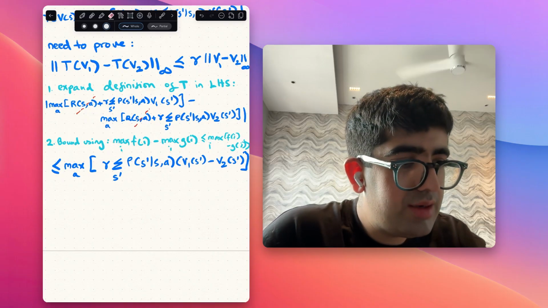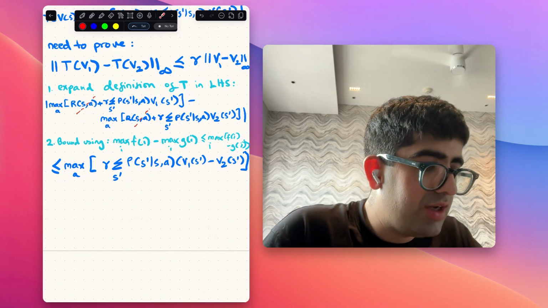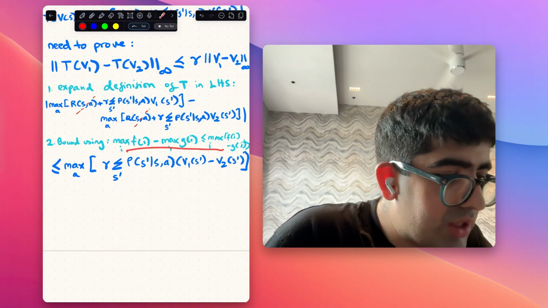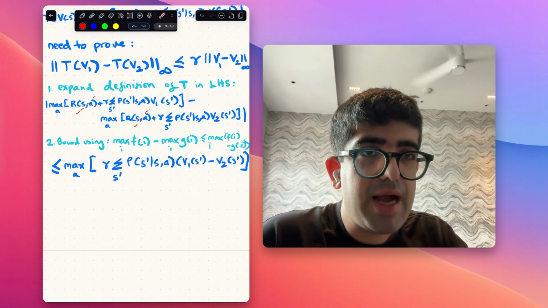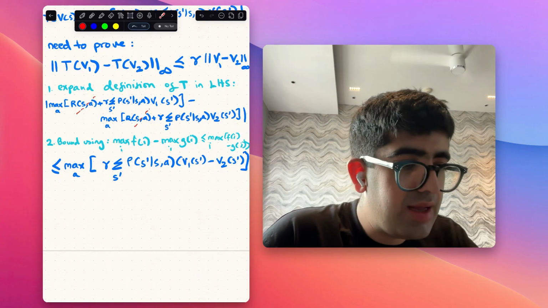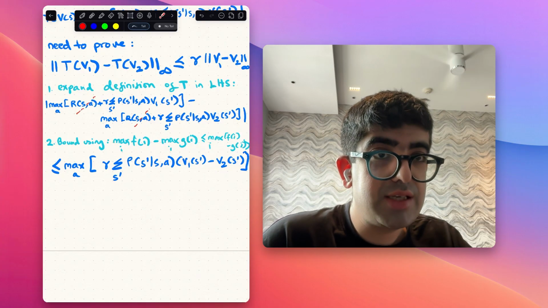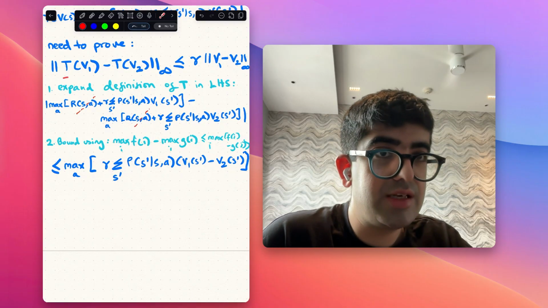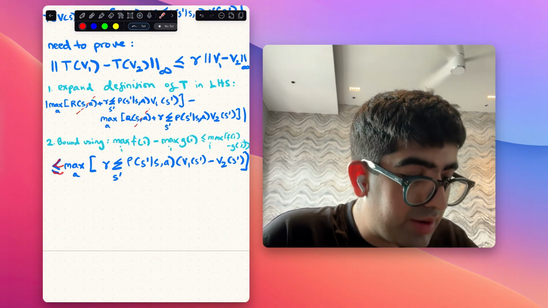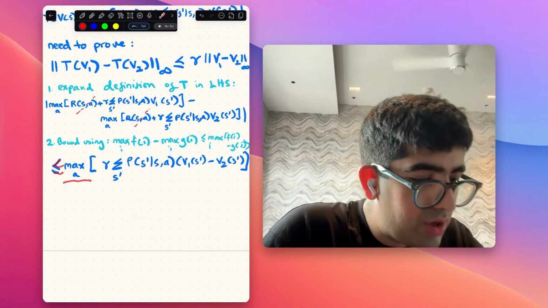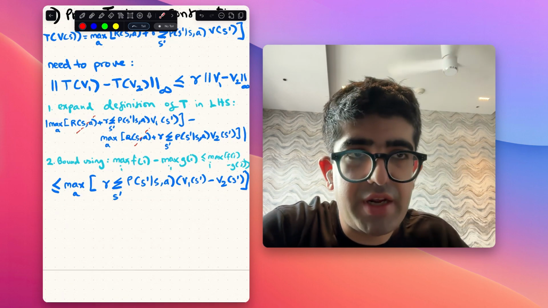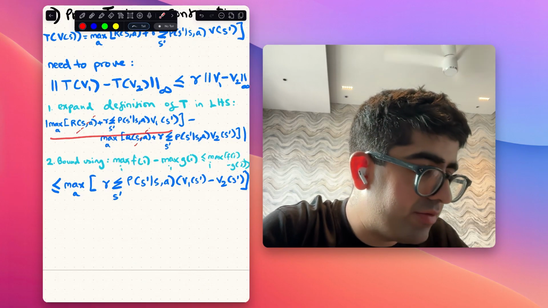So we can actually leverage this very neat relation to take the max over a's outside. And once we take this outside, the left hand side is now upper bounded by this expression, which is just a simplification of the expression that we had above.